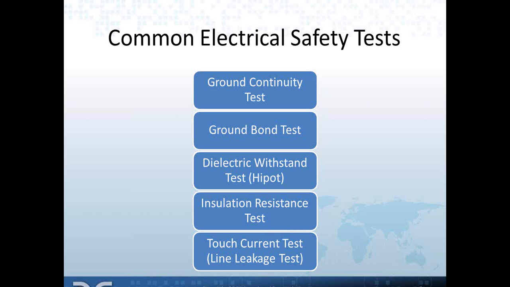A Class 1 product is terminated in a three-pronged line cord, consisting of a hot and a neutral input and an earth-ground connection to the chassis. Whereas, if you recall, Class 2 products, also known as double insulated products, have no earth-ground connection to the chassis, since the chassis itself is usually made of insulating materials such as plastic.